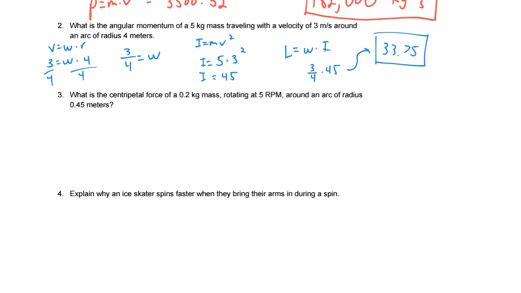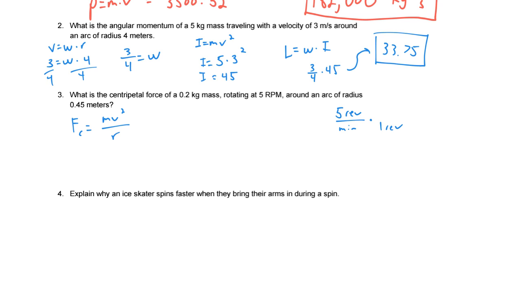All right, centripetal force, we got a different equation for that. Centripetal force is equal to mass times velocity squared divided by the radius. Let's start making sure we have all these values. We've got mass, we've got radius, but for velocity, where you've got an angular velocity, we need to convert that. So let's first start by converting our 5 revs per minute into rads per second.